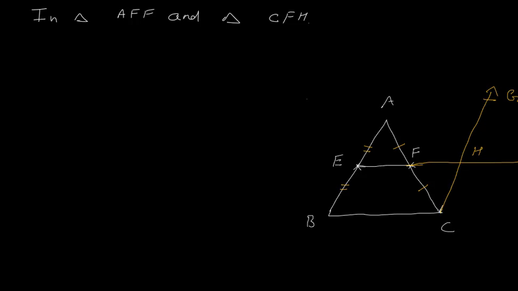So in triangle AFE, angle EAF and angle HCF are equal because they are alternate angles. Already we have made the construction that these two sides are parallel, so these are alternate angles.